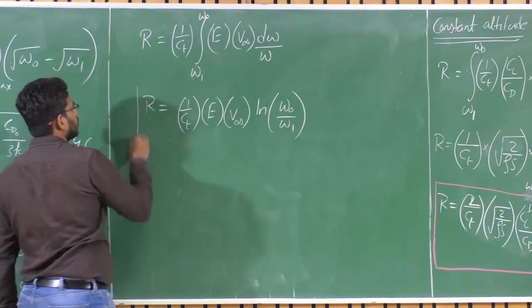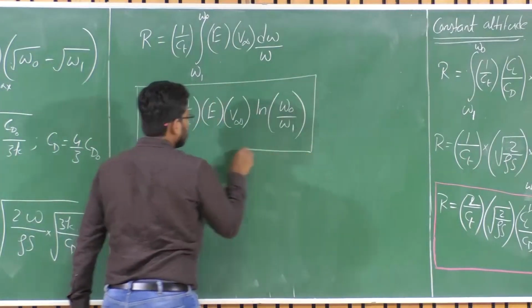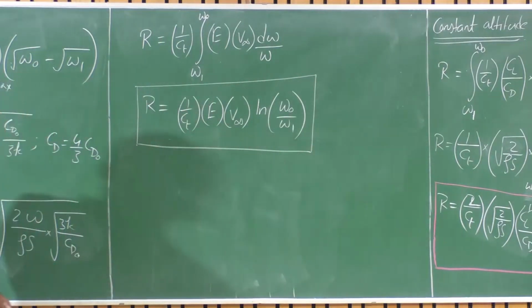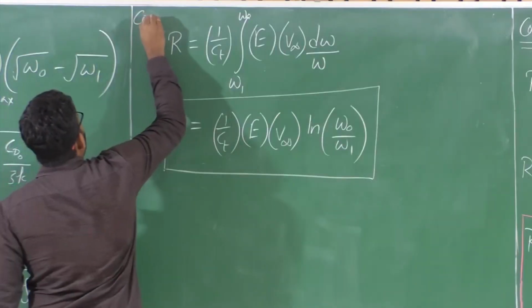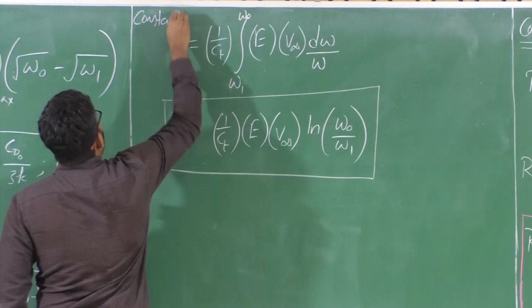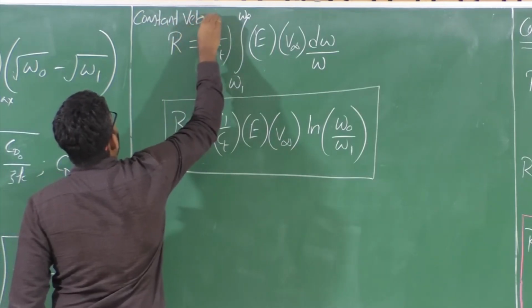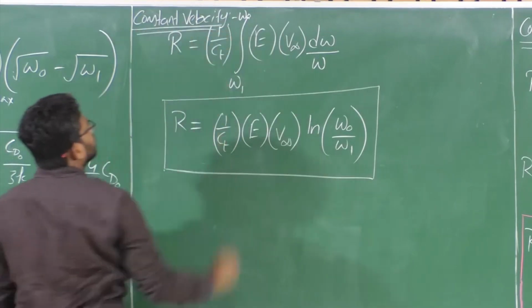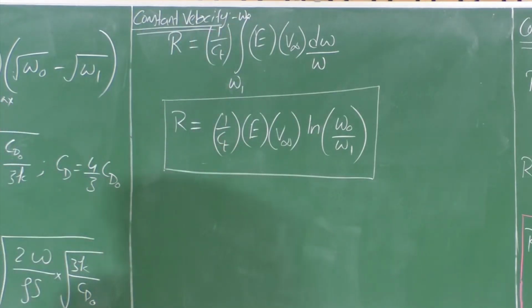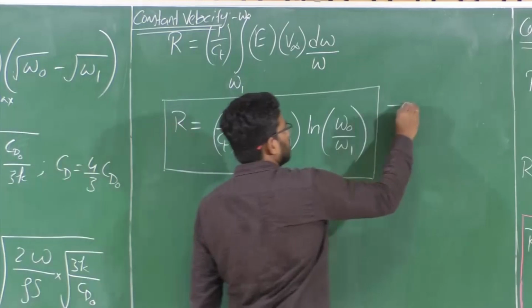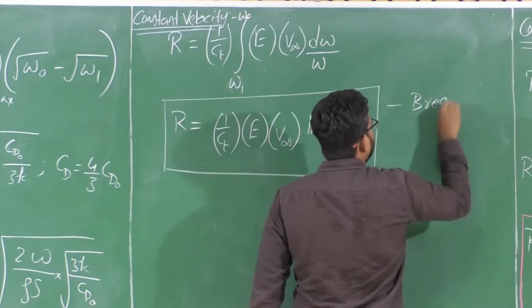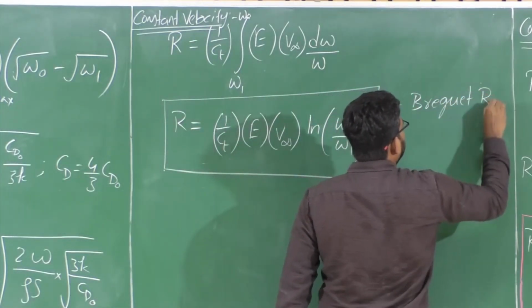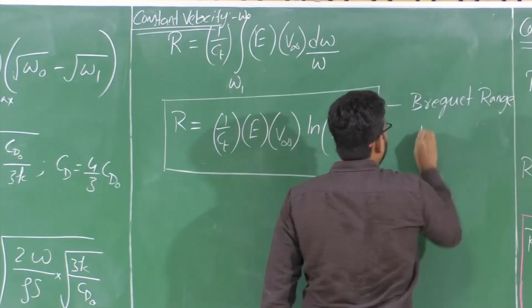So this is the range equation for constant velocity. Constant velocity range for a jet aircraft. This is also known as the Breguet range equation.